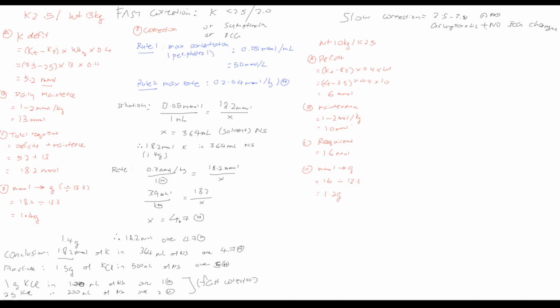Okay, so now to the correction part. We know that the patient needs 1.2 grams of potassium. How are we going to slowly correct this over, let's say, a couple of days usually? So there are two methods.